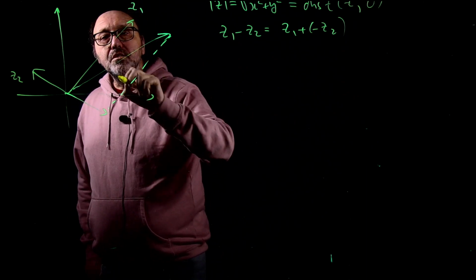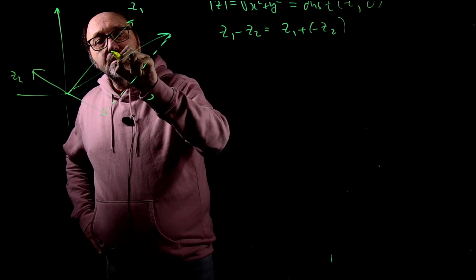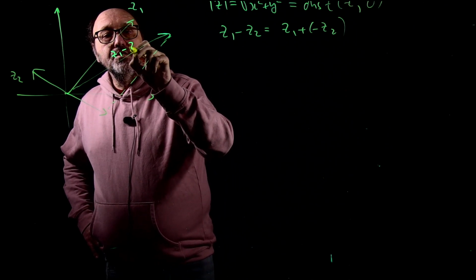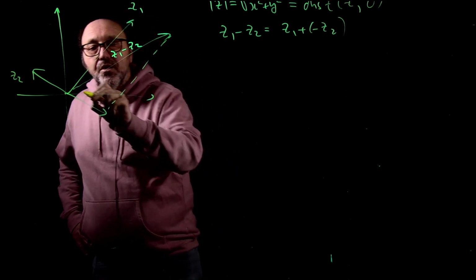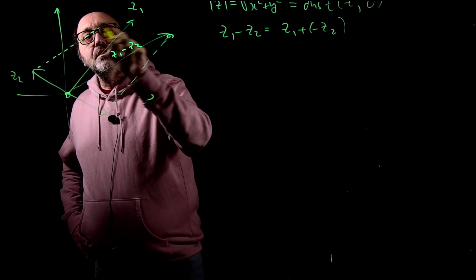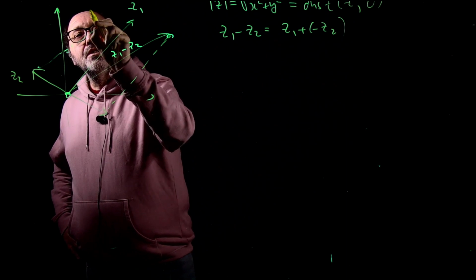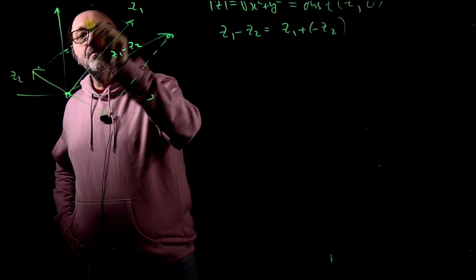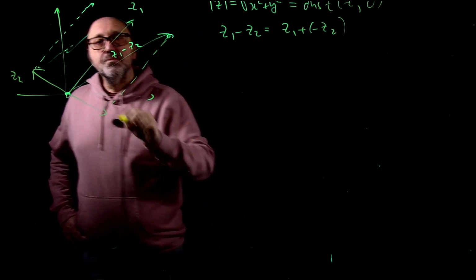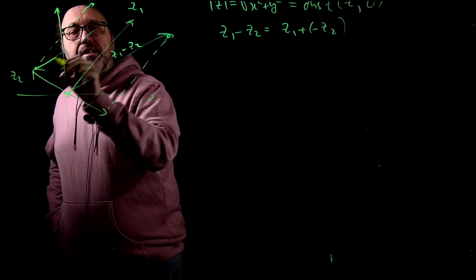Right, so this is Z1 minus Z2, and we see that the length here is the same as the length here, right, of this parallelogram, so of this diagonal.